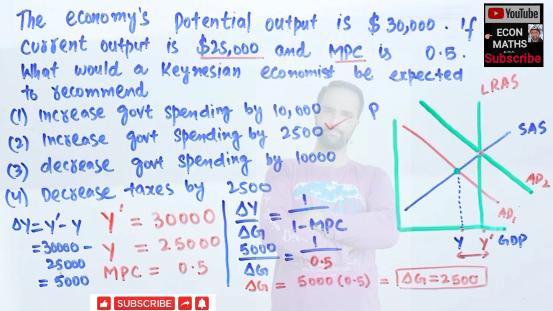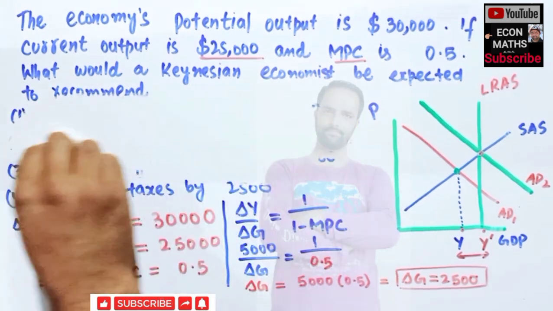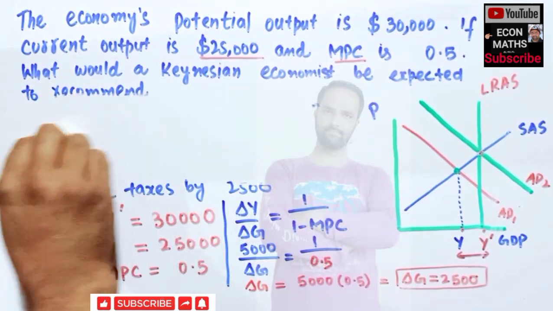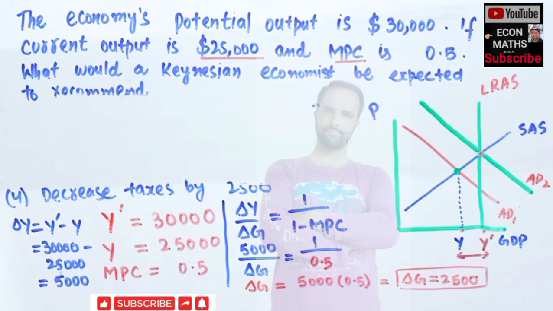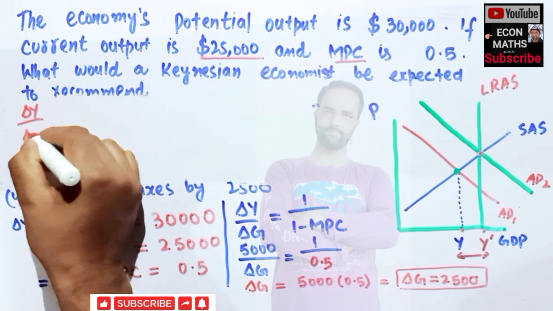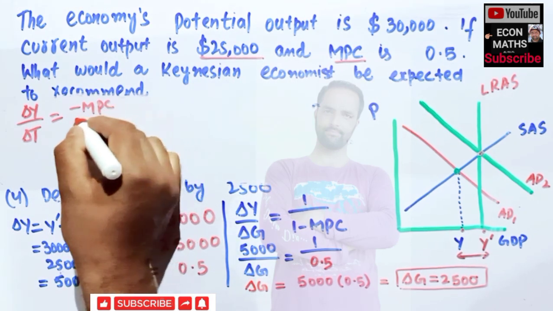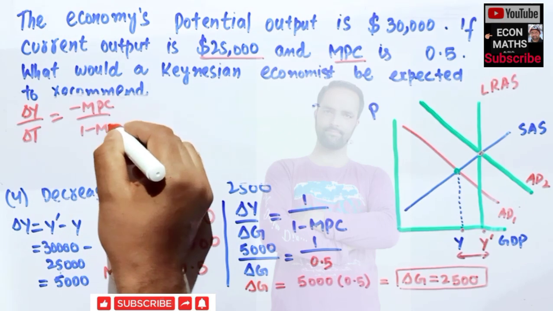We can also find that here. I don't have the space here, so let me rub this out. Now the tax multiplier is change in output with respect to change in tax, which is equal to minus MPC upon 1 minus MPC.